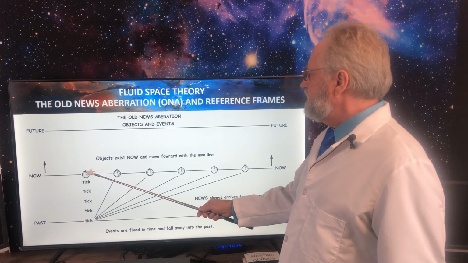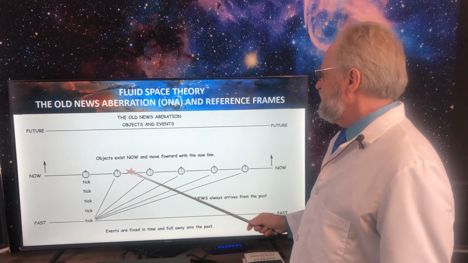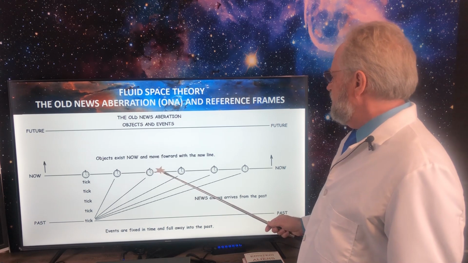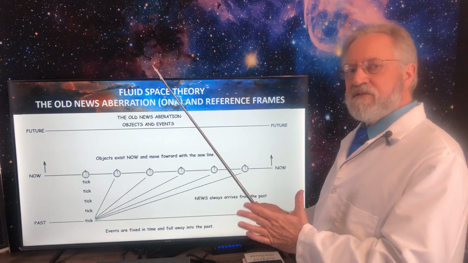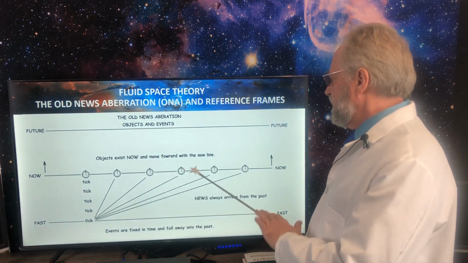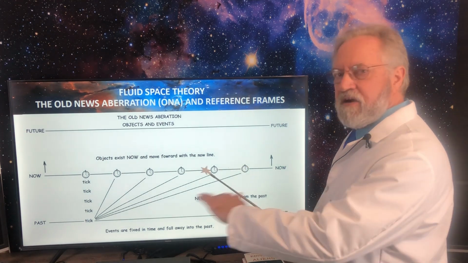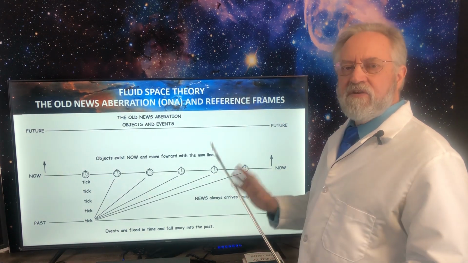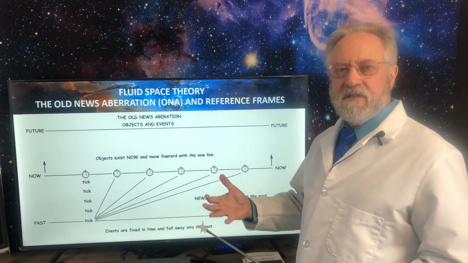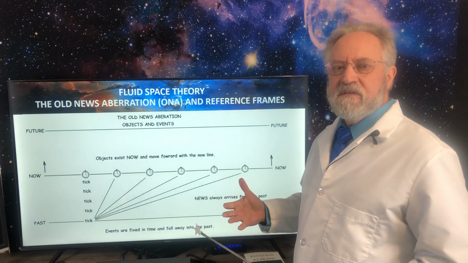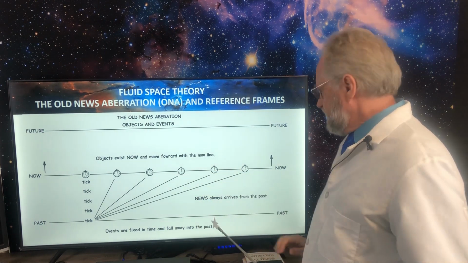This clock is slower than my clock. It's behind. But it's not behind as much as this one, and the closer the clocks get, the closer they appear to be synchronized. But in reality, they are all synchronized, but the old news aberration lets you see something that's not true. You see them not being synchronized.